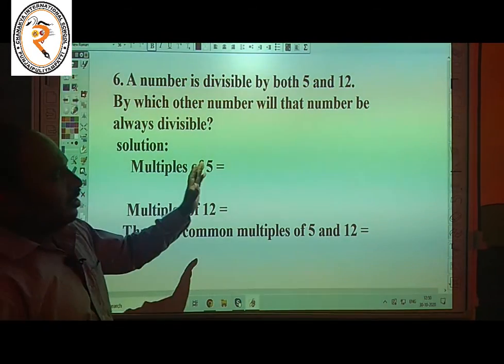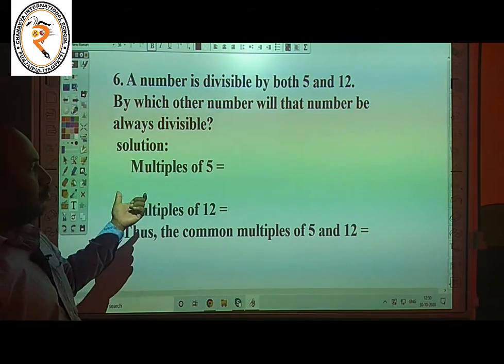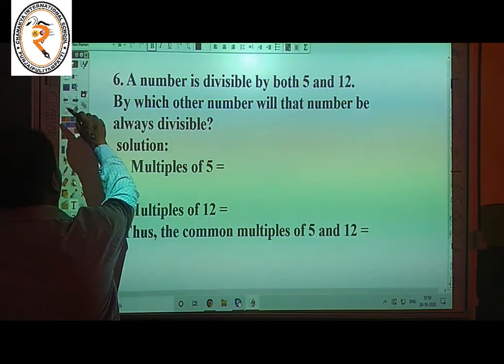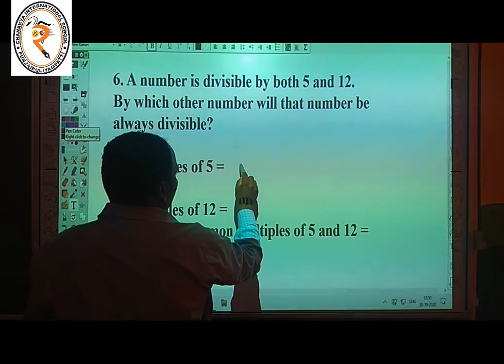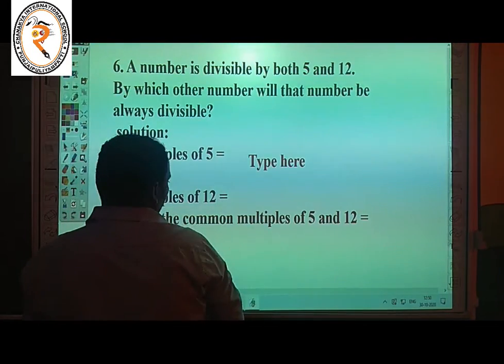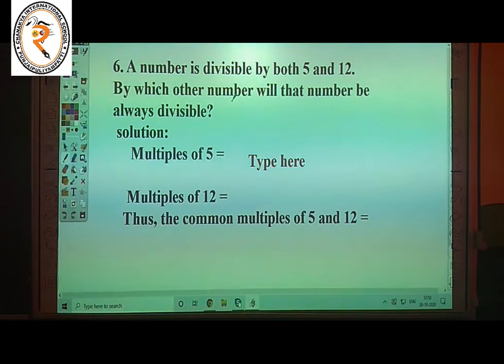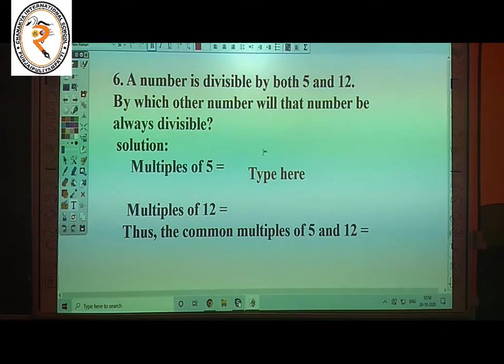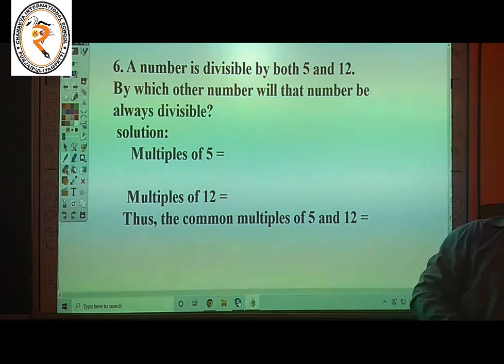By which other number will that number always be divisible? Listen here, multiples of 5.